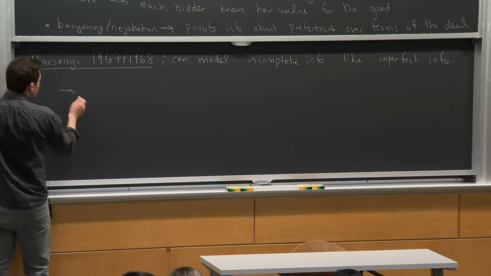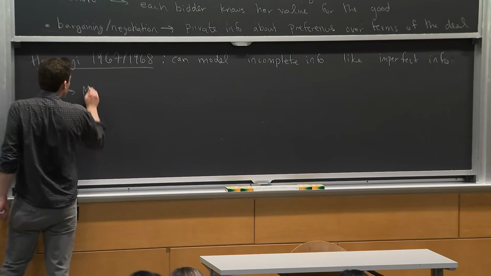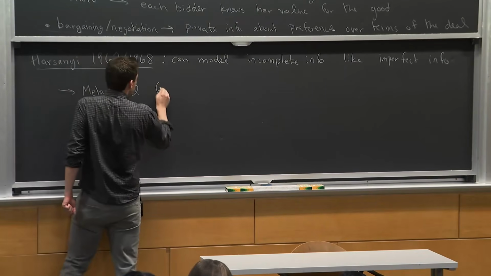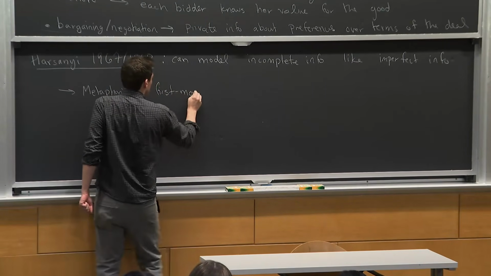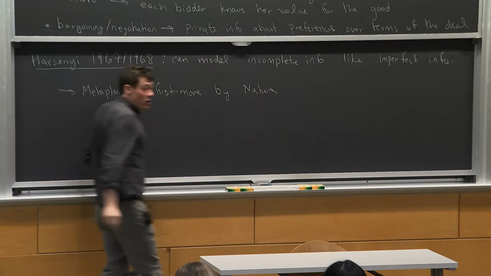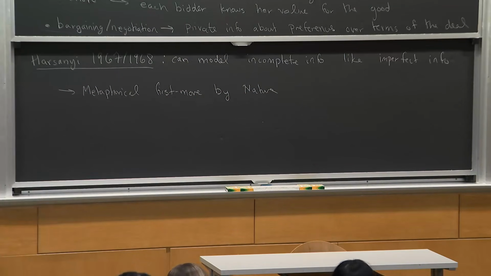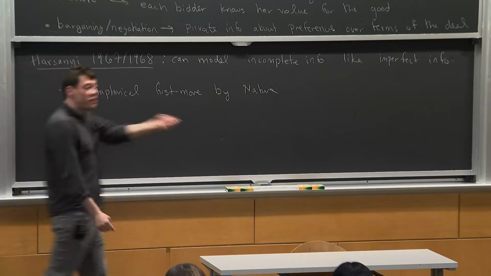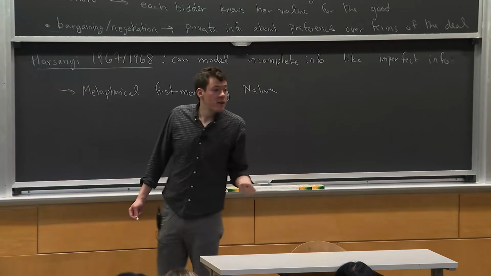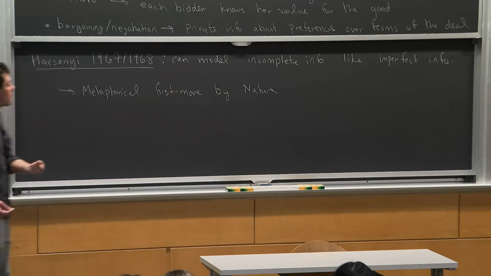So Harsanyi's idea is that we can have a metaphorical first move by nature. I think the best way to think about this is nature is playing the role of the card dealer, but what they're dealing you is your health status, or how much you value the painting, or the condition of your army. And after nature makes that deal, then we can analyze the game like a game of imperfect information.